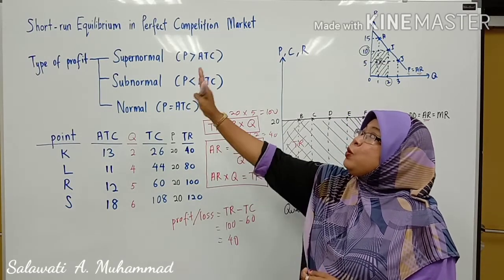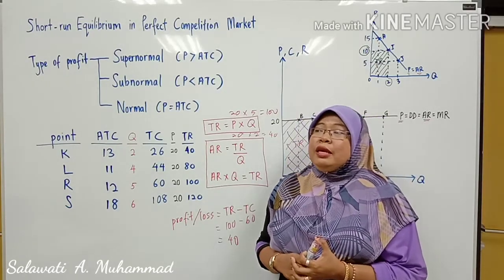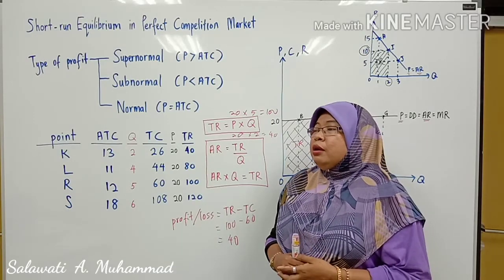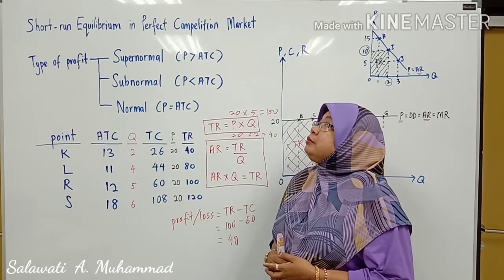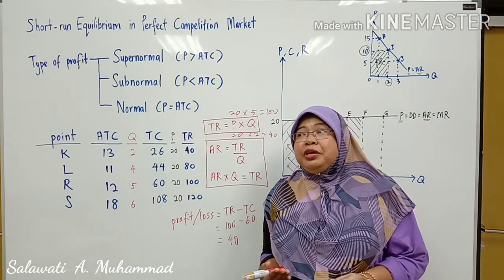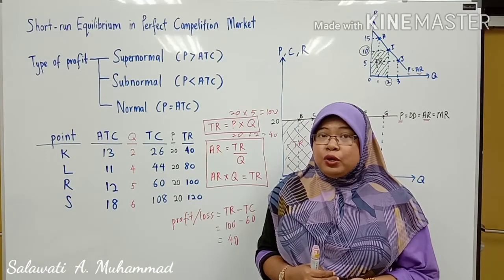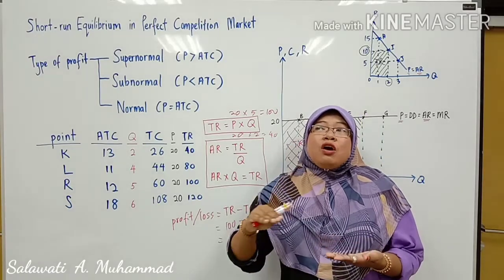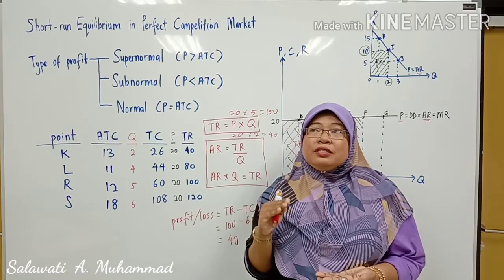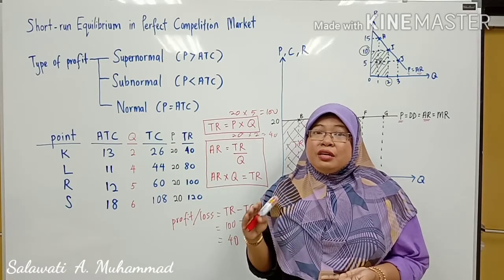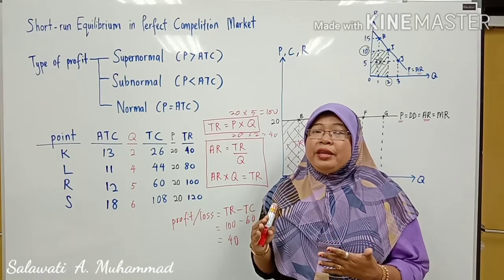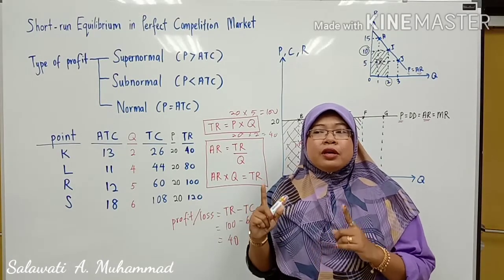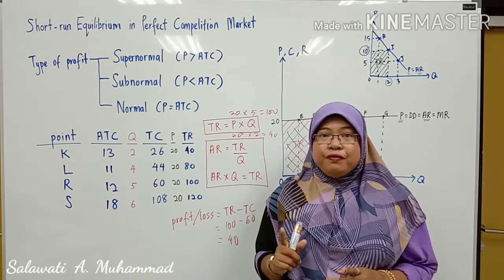Okay, so when we talk about equilibrium in the market, basically by using the marginal approach, a market finds equilibrium when marginal cost equals marginal revenue, meaning when the marginal cost curve, the MC curve, intersects with the MR curve, it is a point, or it shows a quantity, where the firm gets the highest profit.